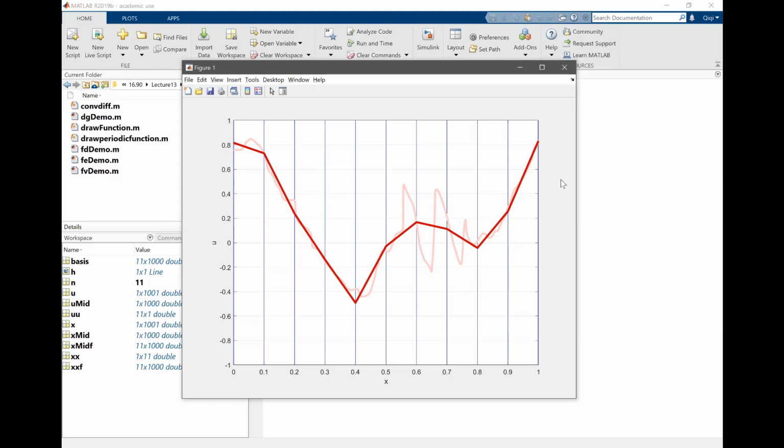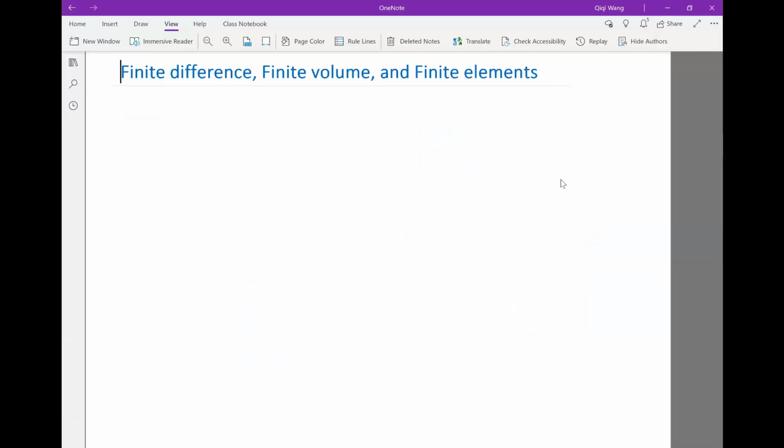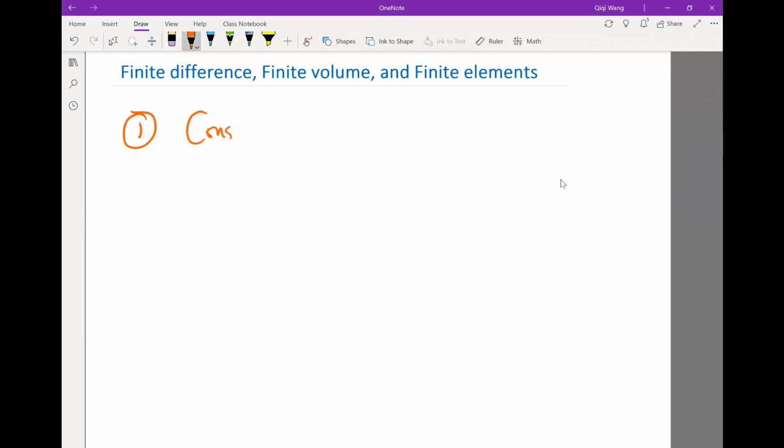So basically what I'm doing is I have two things. Finite element is, first of all, I have a constraint.